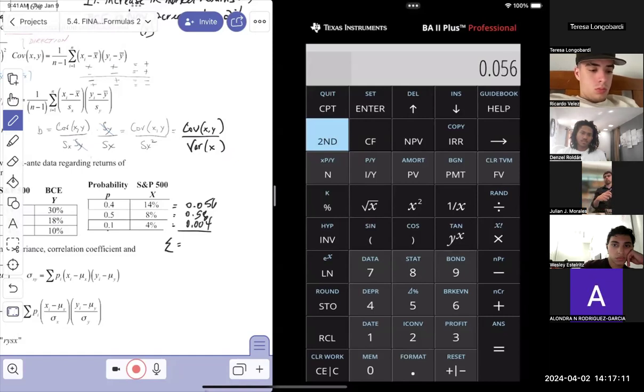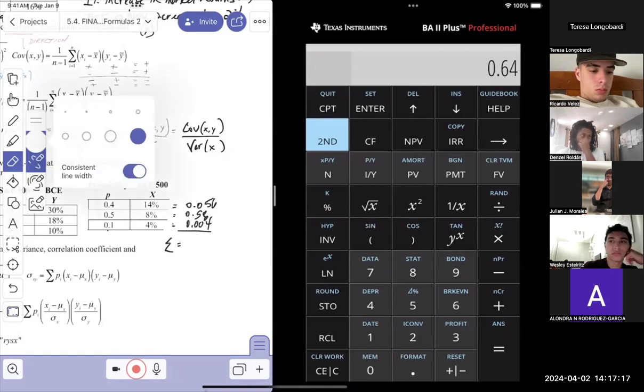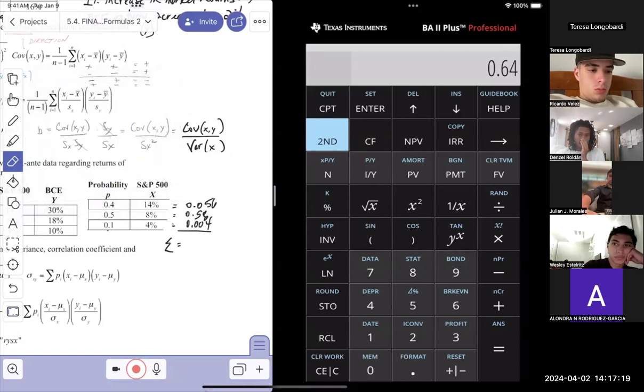Did I do it right? The second one is off. The second one should be 0.04. I don't know what happened there, sorry. Yeah, I knew it looked weird. So it's 0.04, store in 2. Then recall 1 plus recall 2 plus recall 3 should give me the answer.